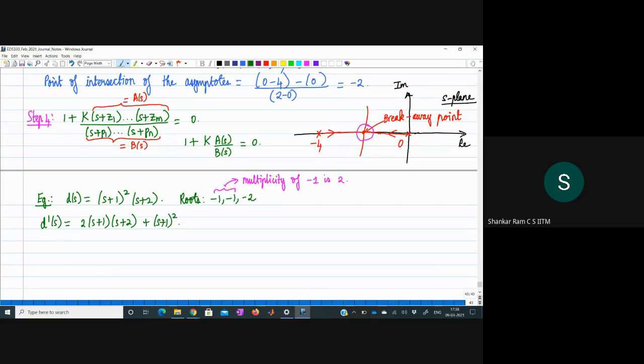So we immediately notice one thing. If we evaluate the derivative at s equals -1, what do we get? Zero. If we evaluate the derivative at s equals -2, we get 1.